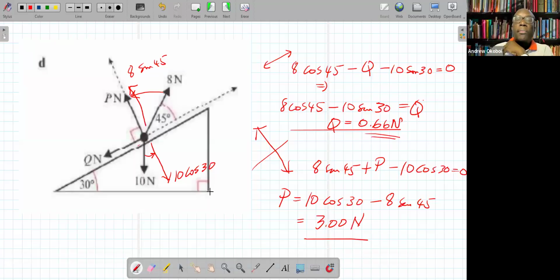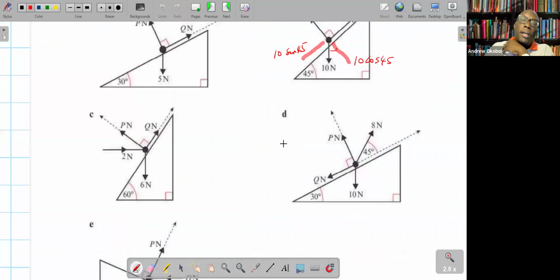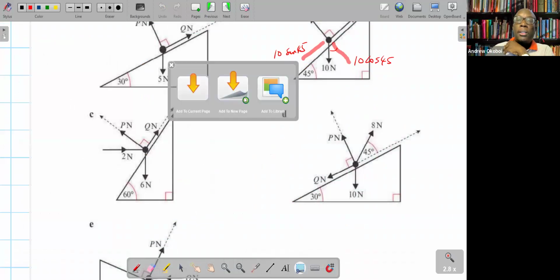Let's look at this example C here. It's a little more complicated, but as long as you follow the procedure carefully, we have 4 forces here.